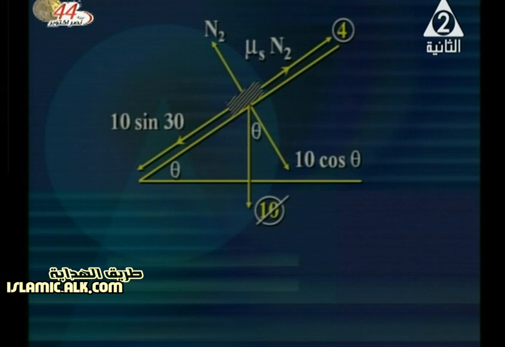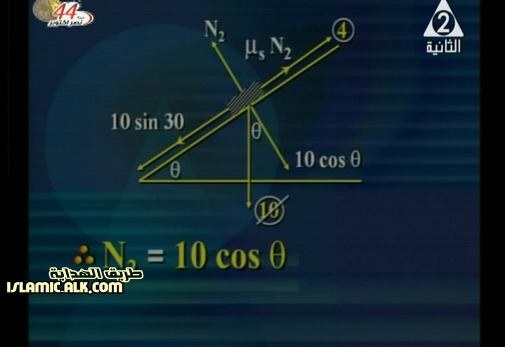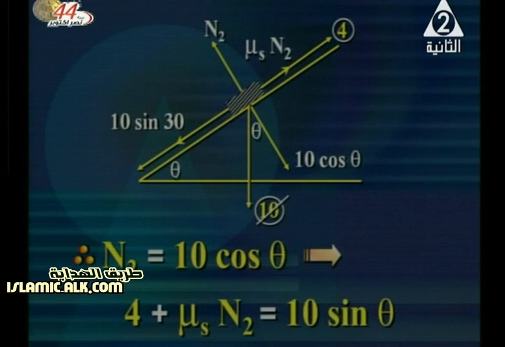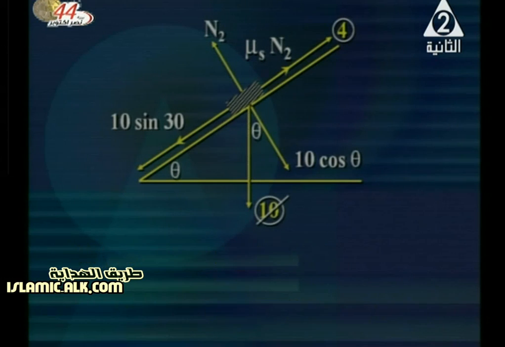The body moves down, and the static friction force is up, mu s N2. We have two equations. The first, N2 equals 10 cosine theta, and the second, 4 plus mu s N2 equals 10 sine theta.